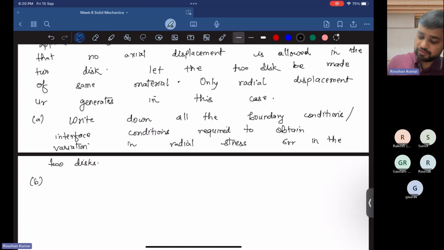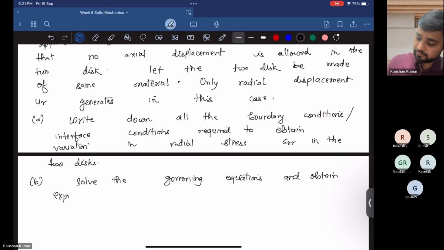The second part is: solve the governing equation and obtain an expression for sigma rr in the two disks.